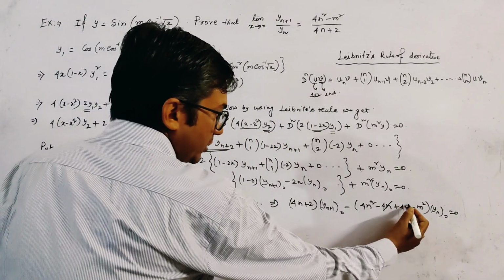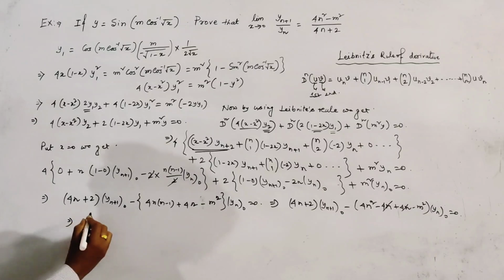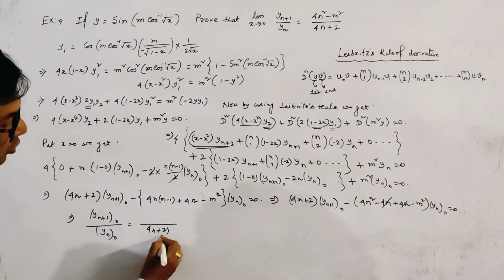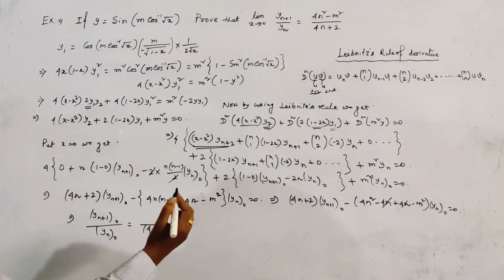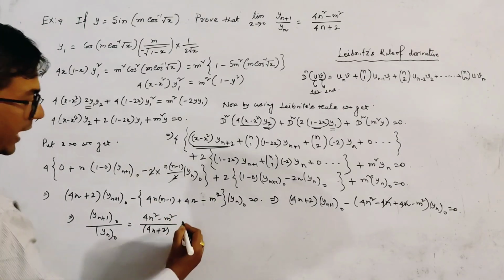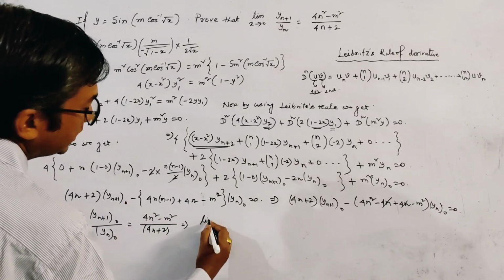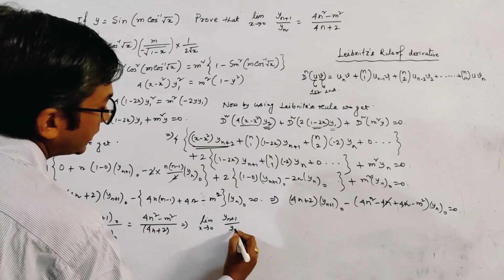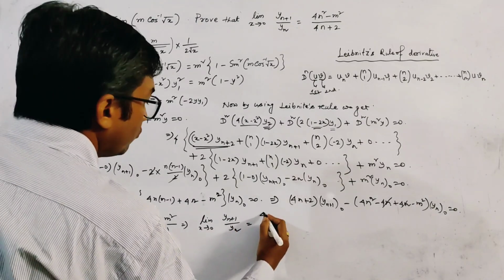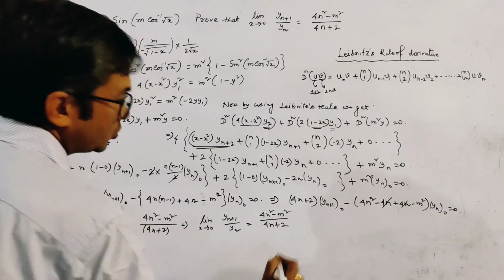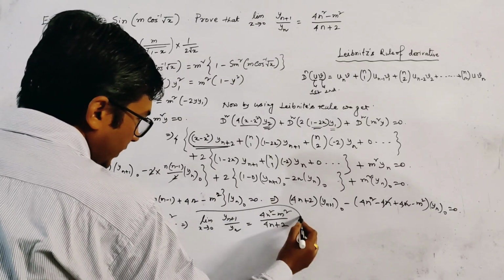Minus 4n and plus 4n cancel out, so we write y_{n+1}(0)/y_n(0) = (4n² − m²)/(4n + 2). This is also written as limit as x tends to 0 of y_{n+1}/y_n equals (4n² − m²)/(4n + 2), and this is our required result.